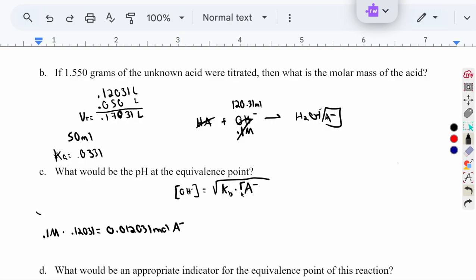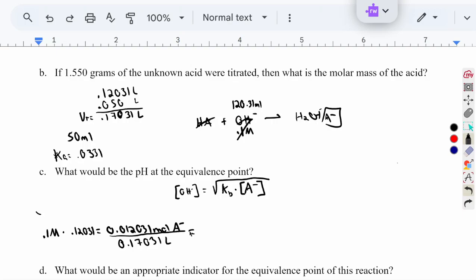So now we need the concentration of A minus. How do we do that? We're going to divide this by our liters, 0.17031 liters, and that's going to give us our concentration. Let me do that in my calculator real quick. 0.012031 divided by 0.17031.